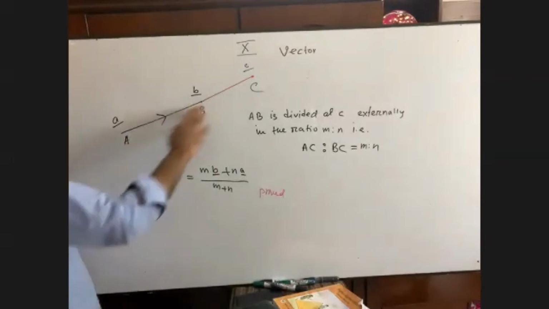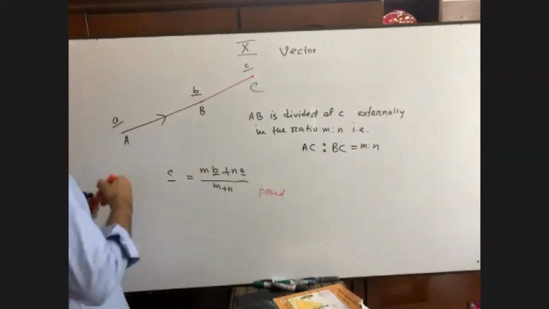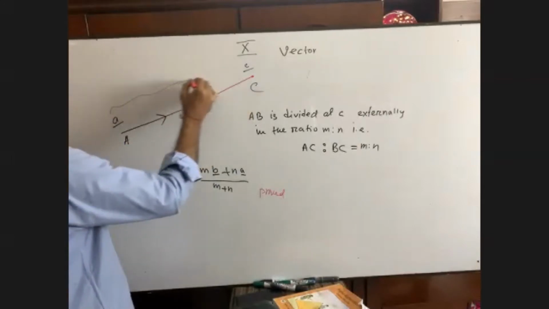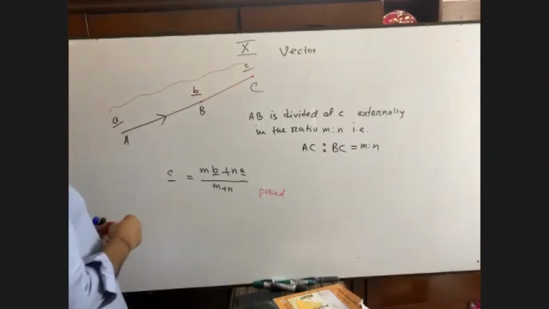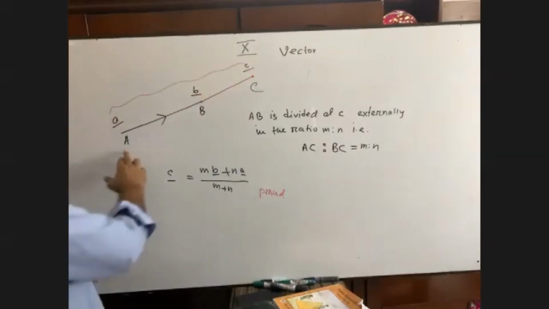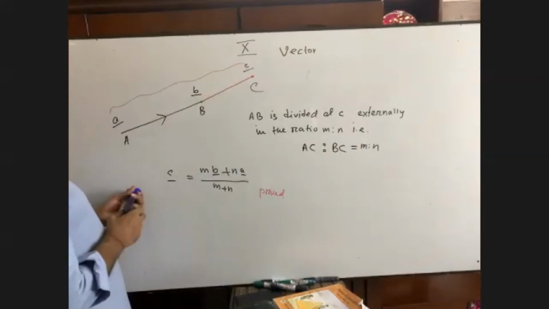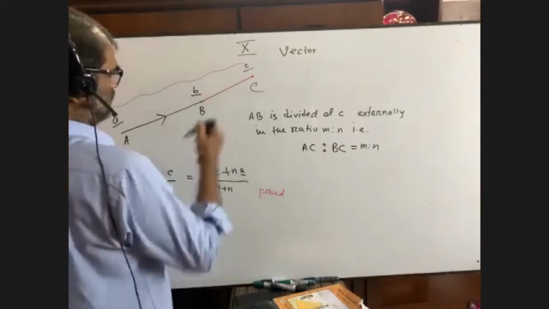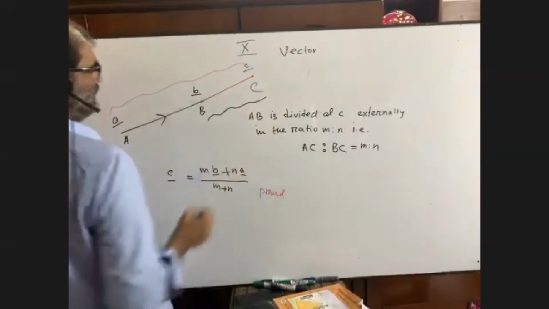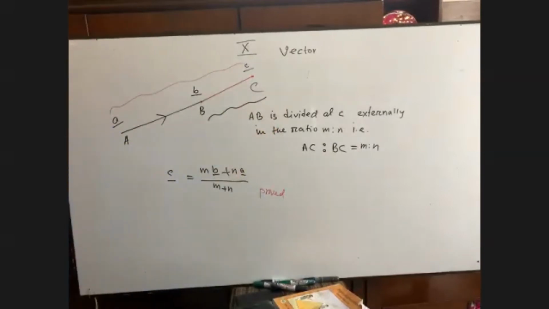AB is divided at C. So one of the parts of the division is AC, from A to C, and the other is from B to C. This is the division from A to C and B to C.